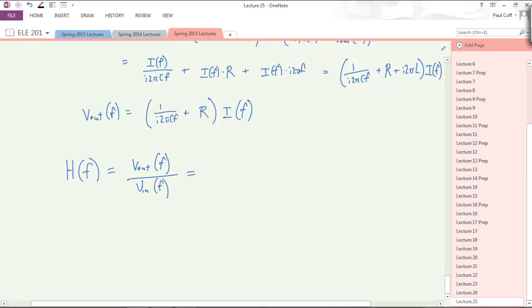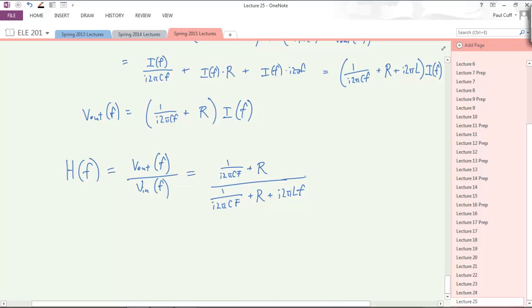We can just divide these, the I's cancel, and we get 1/(i2πCf) + R over 1/(i2πCf) + R + i2πLf. There you go. We've effectively solved the differential equation.